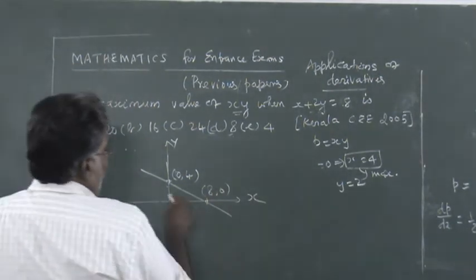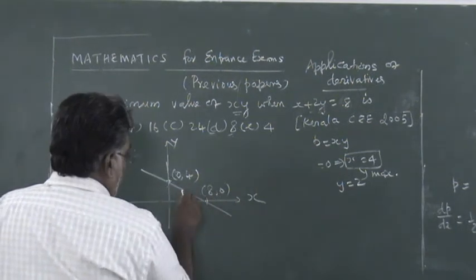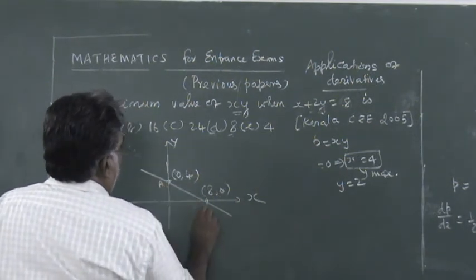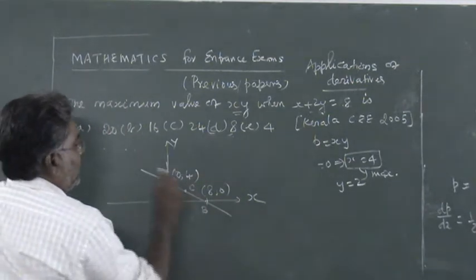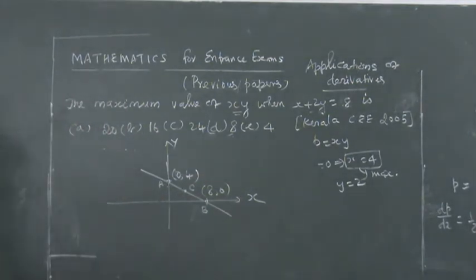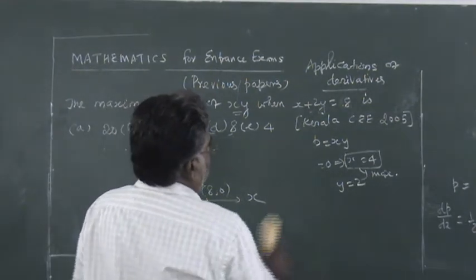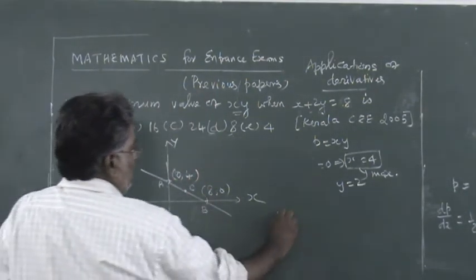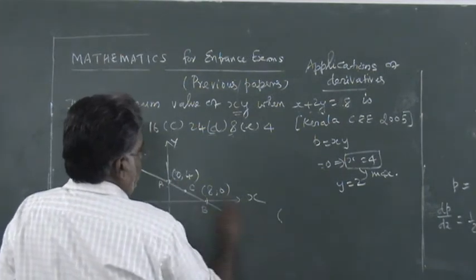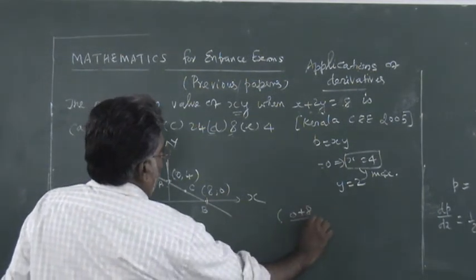And the maximum value of xy will come somewhere in between, exactly between A and B. The center point, C, will correspond to the maximum value of xy. So how do you find that center point? x1 plus x2 by 2: 0 plus 8 by 2.